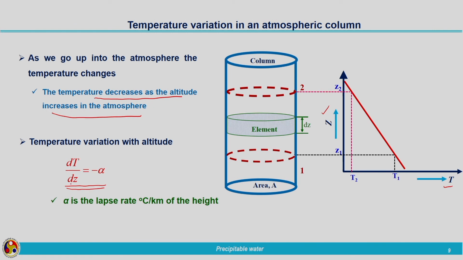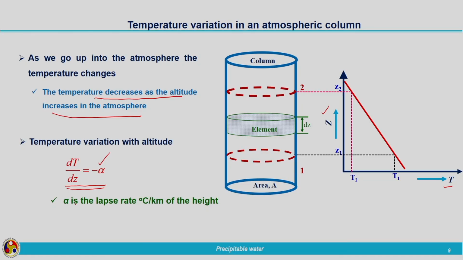What is it? dT by dz is the slope of the straight line. That is nothing but our alpha. Negative alpha is there because it is sloping down, because temperature is decreasing as the altitude increases. And alpha is the lapse rate, which has the unit degree Celsius per kilometer of height.